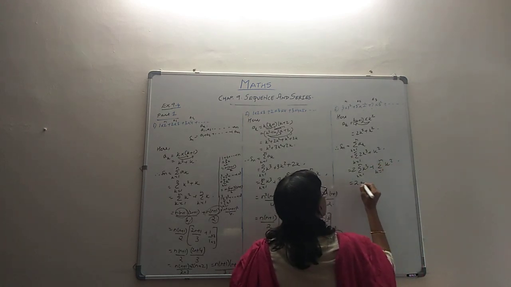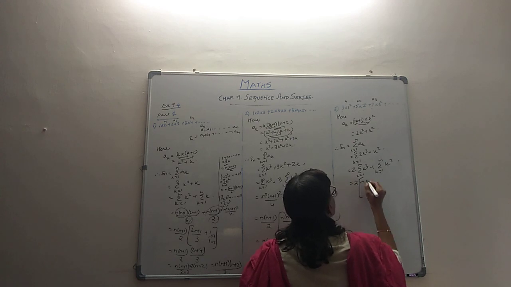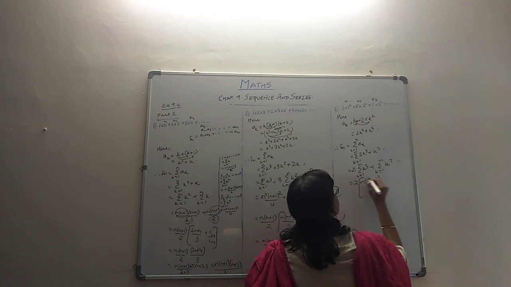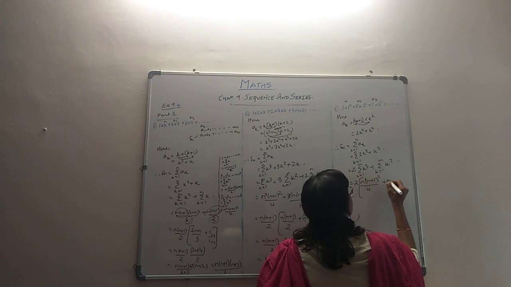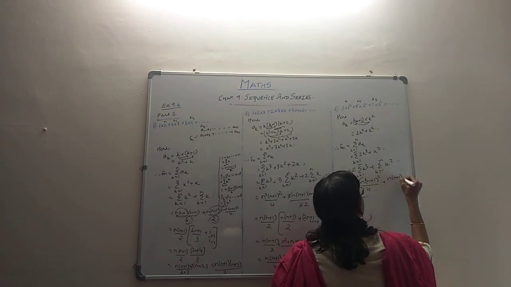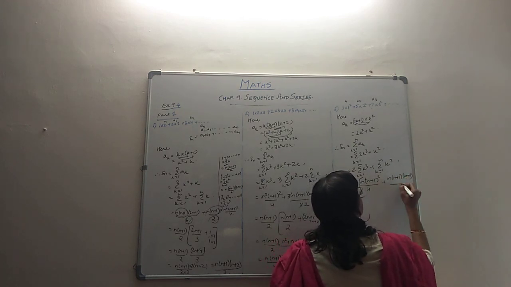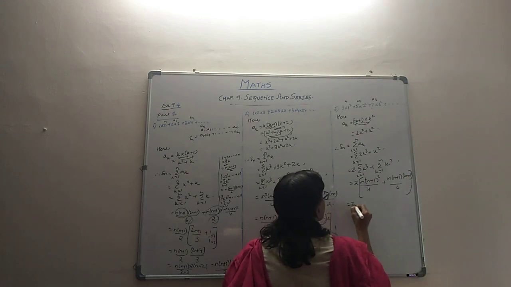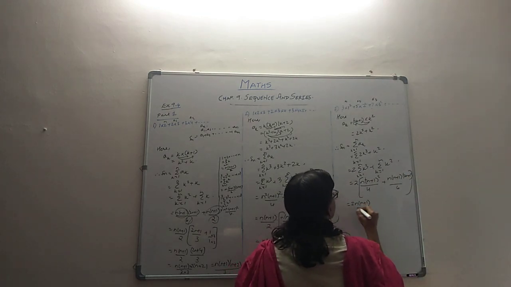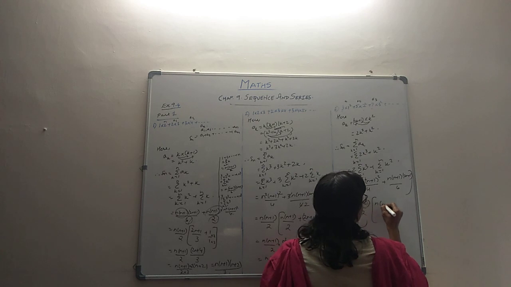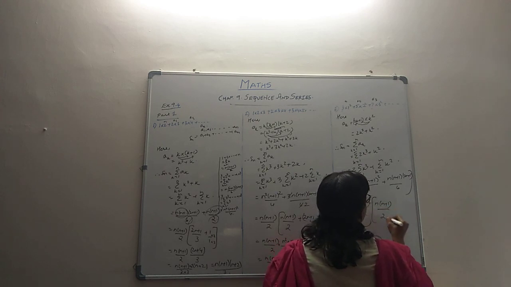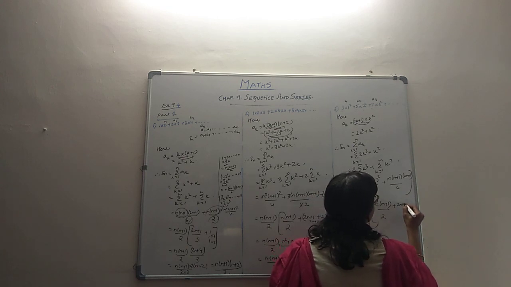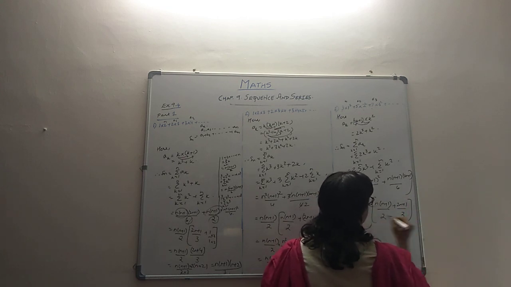So 2 k cube means it is n into n plus 1 squares by 4 plus n into n plus 1 into 2n plus 1 by 6. Take common, 2 into n into n plus 1 by 2. So n into n plus 1 by 2 is left, and here 2n plus 1 by 3 is left.